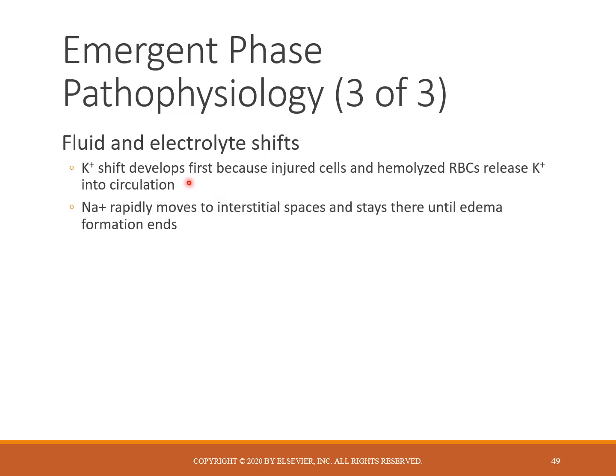Now, as you can see in here, potassium shift develops first because injured cells and hemolyzed RBCs release potassium into the circulation. So what does it tell you as a nurse? That tells you that your patient can have hyperkalemia. And too much potassium can stop the heart. Okay?